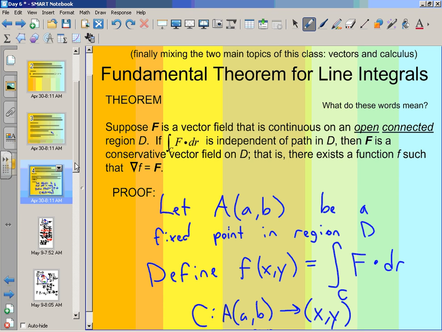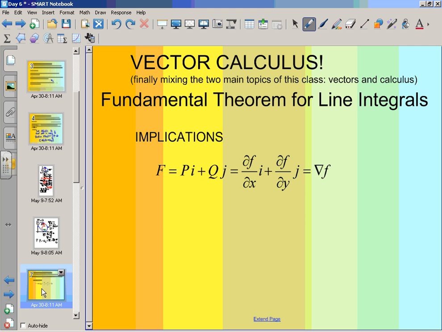Okay, so the big implication, in other words, is that if F is independent of path, which would again mean all closed loops go to 0, then we have this equality right here.